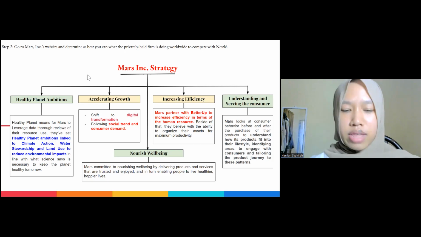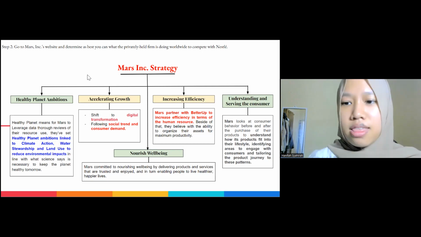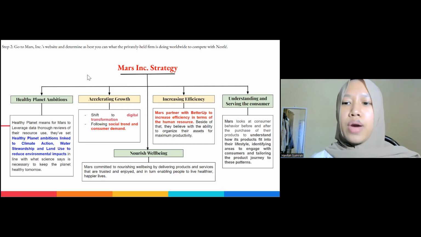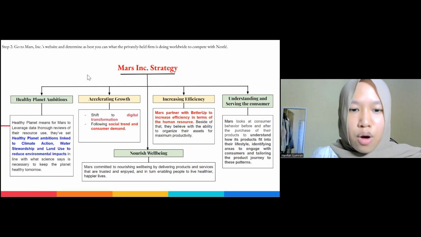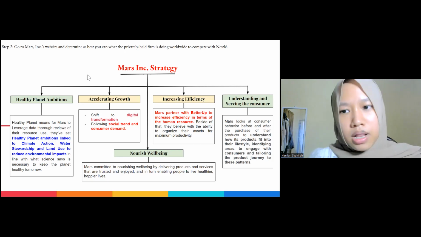And the next Mars Inc. strategy that they implement in their organization is understanding and serving the customer. In understanding and serving the customer, they look at testimonials from the people using their products.